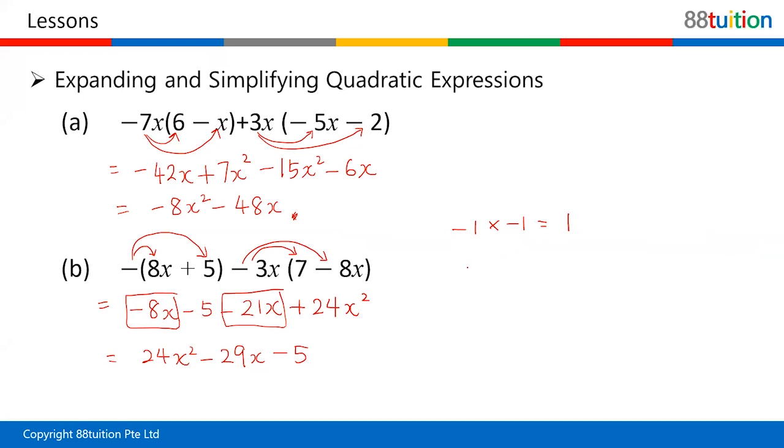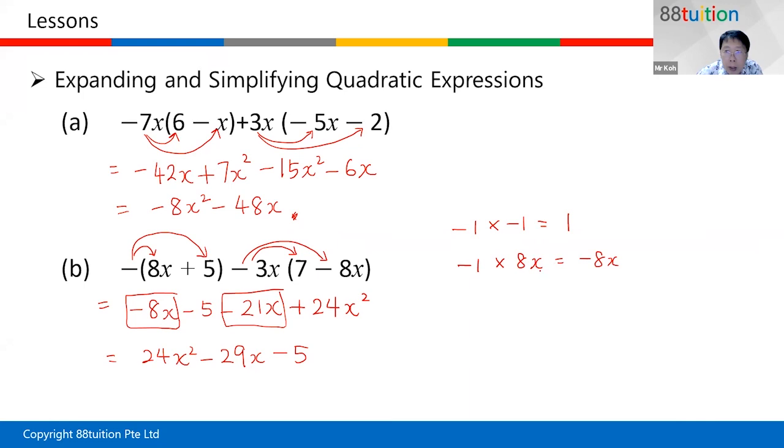Okay, then minus 1 times 8x gives you minus 8x. Is this all right? Yeah. Okay, so now that Mr. Ko expanded A and B already, do you have any question? No. Okay. So this is what you're going to do for the questions later. I'm going on to the next one already.